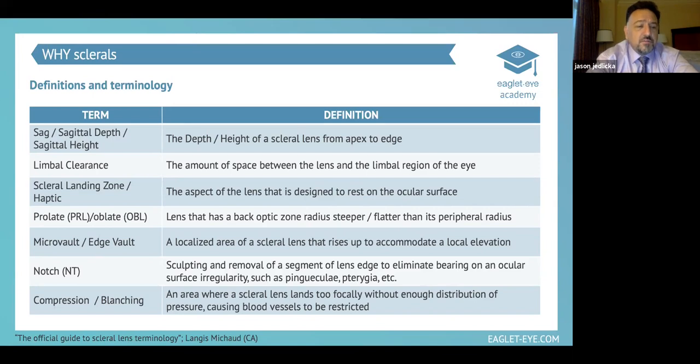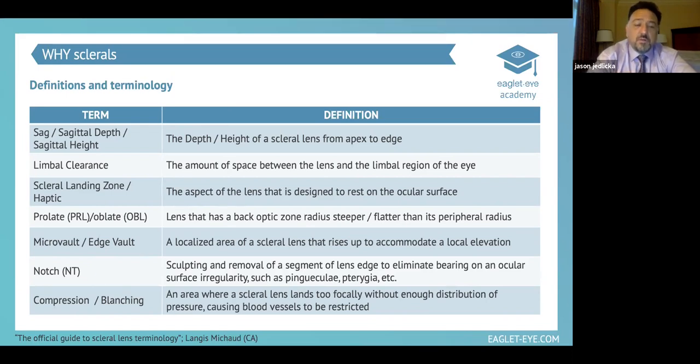We also can talk about microvaults or edge vaults, and these are localized areas in a lens that have a specific curvature to vault up or over landmarks or elevations on the eye. These are often on the sclera, like a pinguecula, but they can also be corneal nodules that are very protruding, and we can create areas where the lens can rise up and avoid excessive pressure in a focal spot.